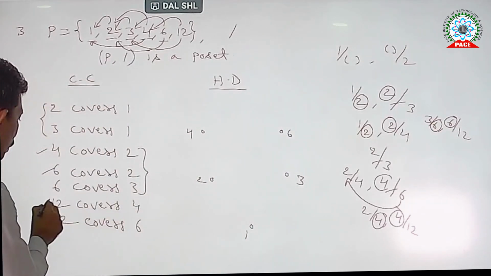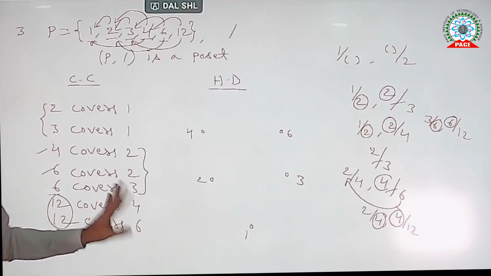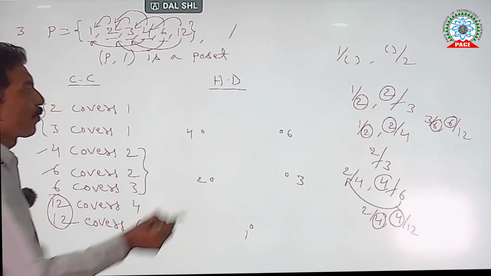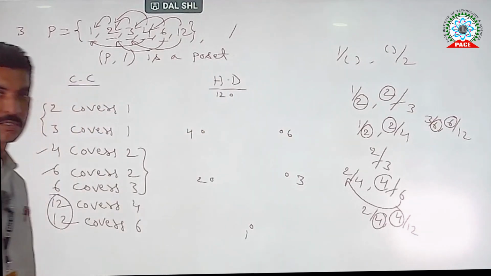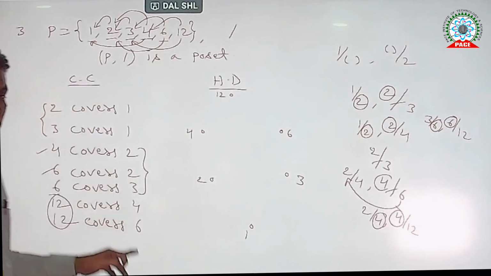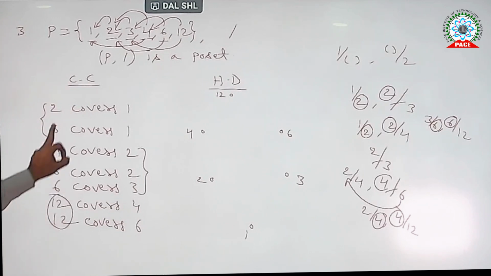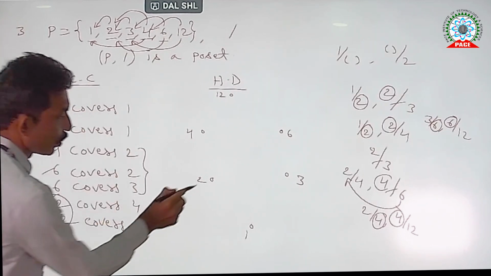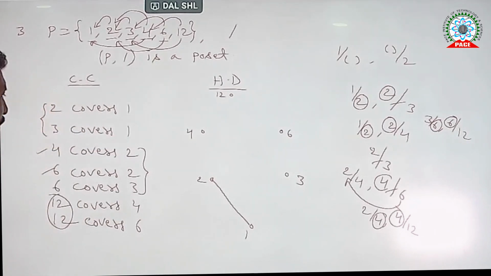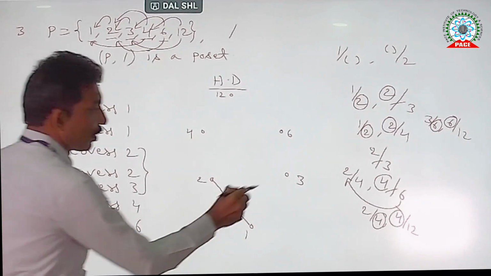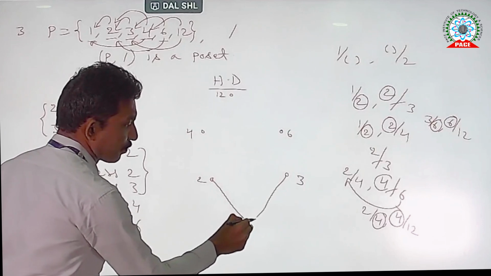Now using these conditions, we draw the straight lines. 2 covers 1, which means draw a straight line from 2 to 1. 3 covers 1, draw an edge from 3 to 1. 4 covers 2, draw 4 to 2. 6 covers 2, draw an edge from 6 to 2.